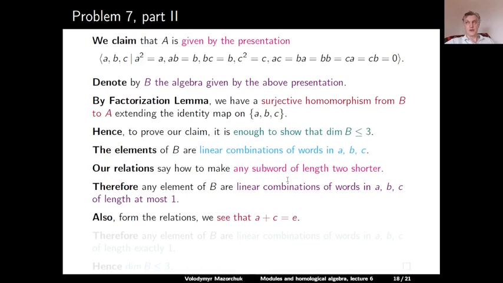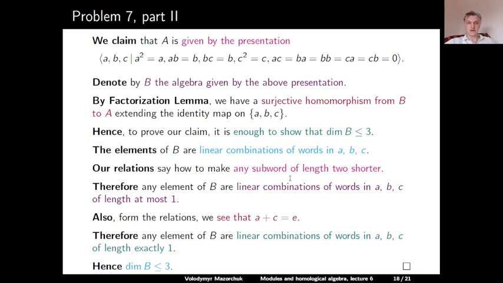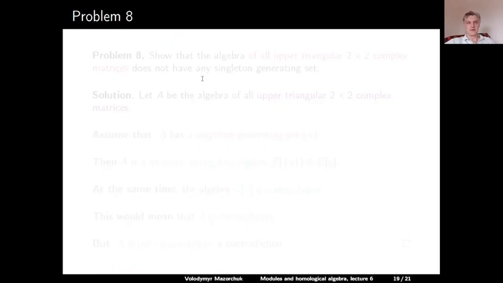And that's the only word of length 0. So if we take it away, we get that any element of B is a linear combination of letters A, B, and C. And so its dimension is at most 3, which means that this homomorphism must be injective, and so bijective. This completes the proof.